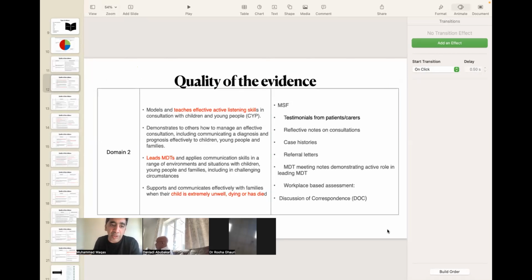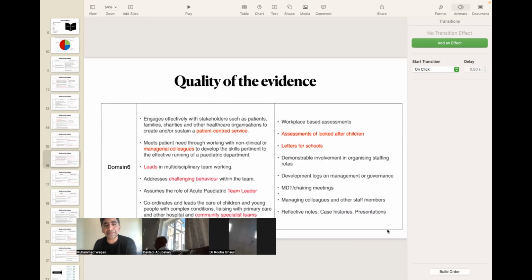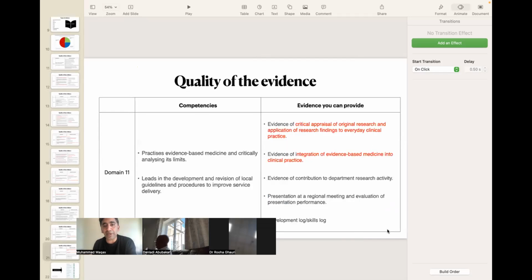It doesn't matter what the individual case was. But the minutes of the meeting should show that you are the leader, or have an active role in that. Okay, yeah, that's very helpful. Thank you. Next, please.